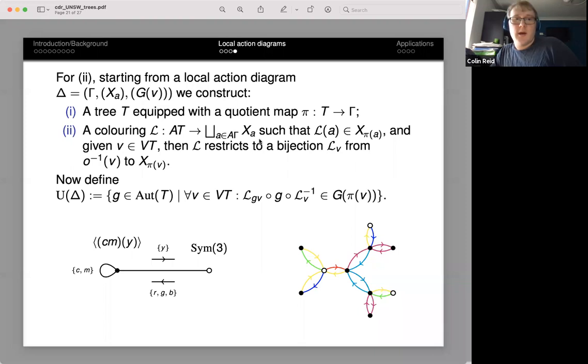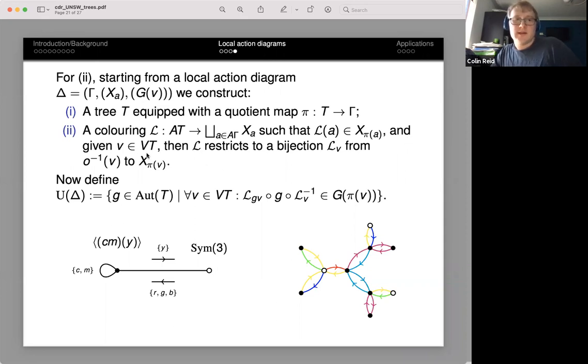So for each arc of the tree, you give it a colour, and the colour of A is going to be in this set X of pi A, the appropriate colour set. But then the second condition is the important one.